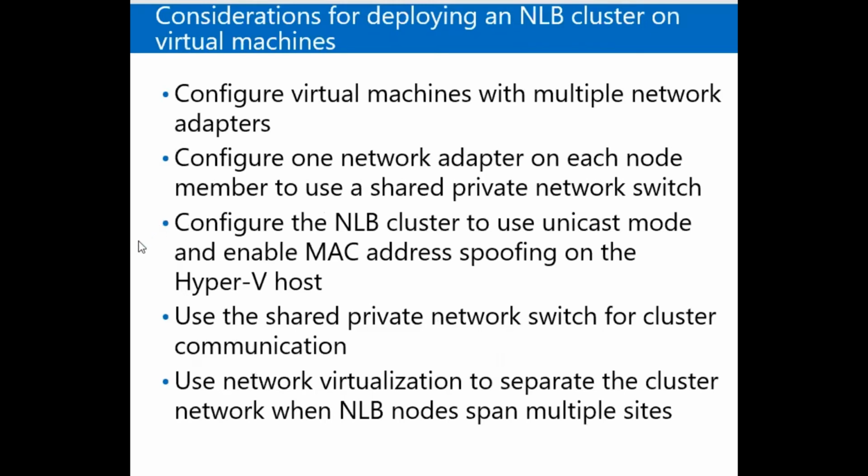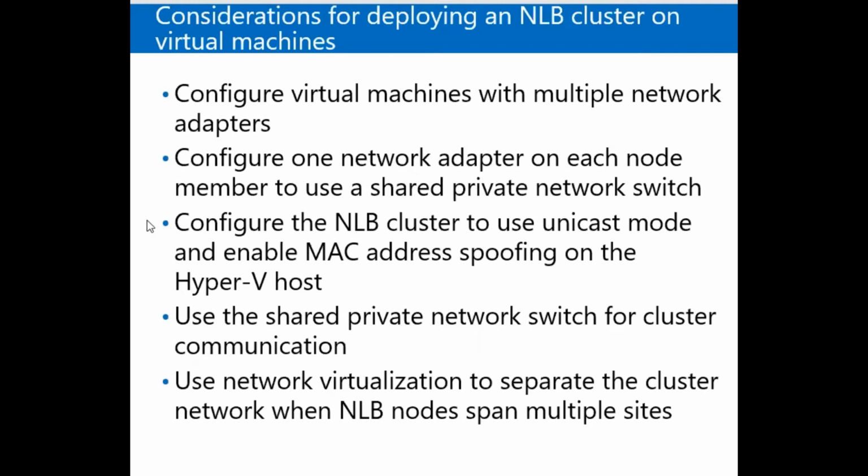So considerations for deploying an NLB cluster: configure virtual machines with multiple NIC cards, configure one network adapter on each node member to use a shared private network switch, configure the NLB cluster to use unicast mode and enable MAC address spoofing on the Hyper-V host. Use the shared private network switch for cluster communications.